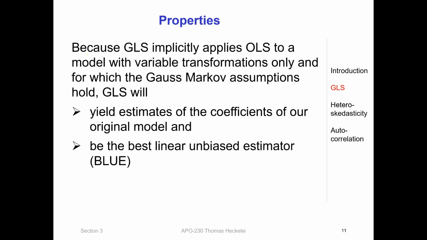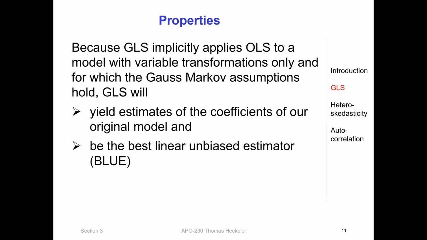The second thing, all we wanted to do by transforming the model was just to overcome the violation on the DC of the variance covariance matrix of the error term. And this, as we have seen, was successful at the end. And because of that, the estimator again becomes the best linear unbiased estimator.